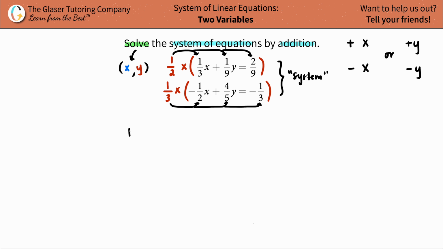So maybe we'll say that this is equation number 1, right? So equation 1, 1/2 times 1/3. Remember, when you're multiplying fractions, you multiply the top numbers and the bottom numbers together. So 1 times 1 for the top is 1, over 2 times 3 is 6. Now that's an x value. And let's keep going.